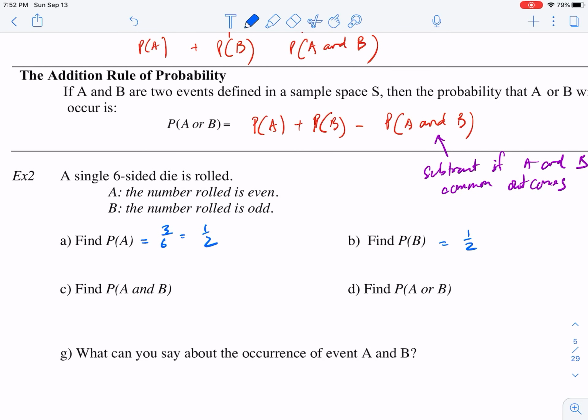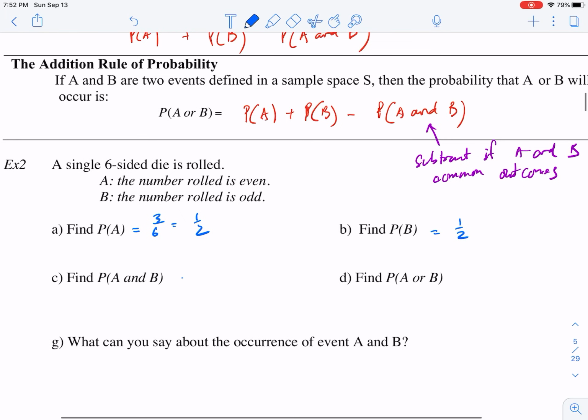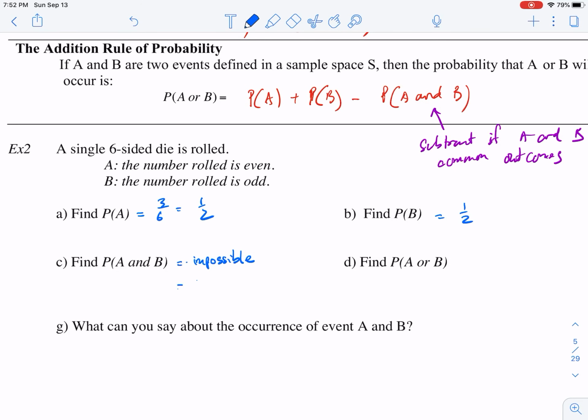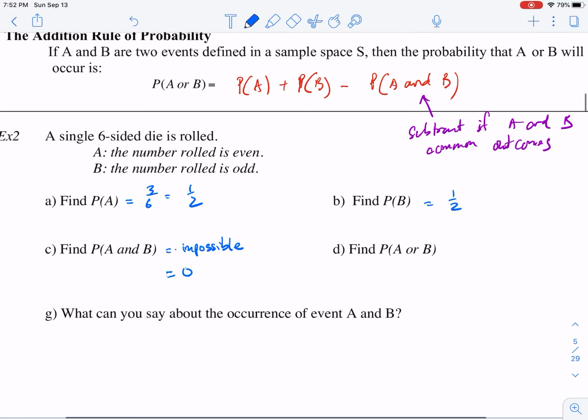The probability of the event A and B occurring, meaning if we roll a 6-sided die, what would be the probability that the number rolled is even and odd? This is not possible, so this is impossible. We can't have the number land on both even and odd because each side has only one number. So in this case, the answer is 0. All right, the probability of A and B is 0.